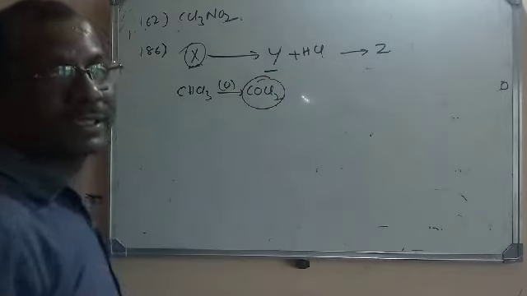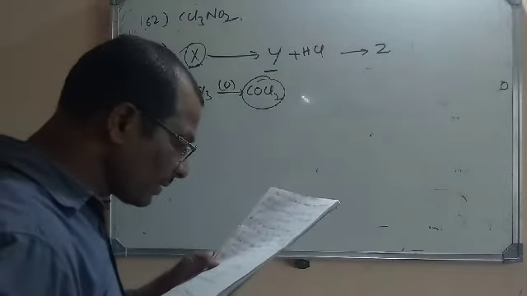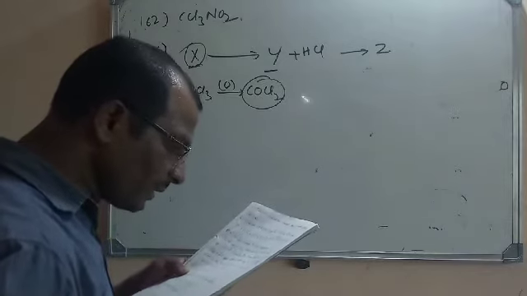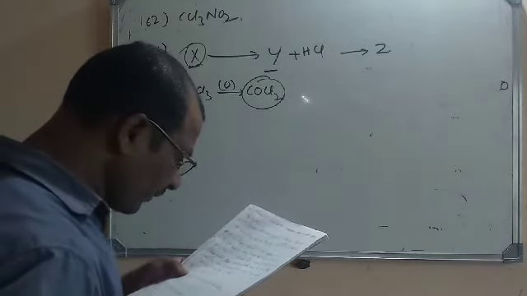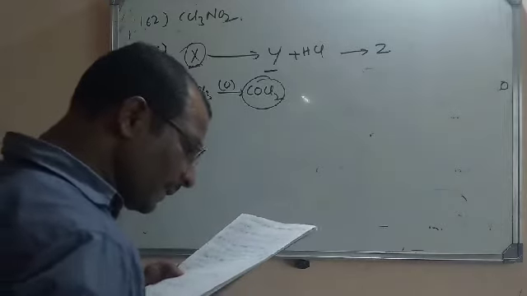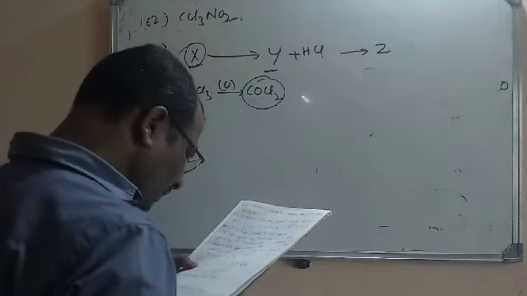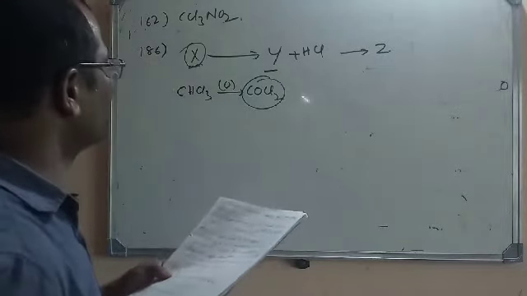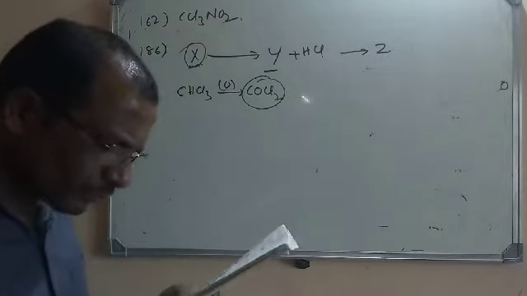COCl2 is called phosgene. So the reaction condition mentioned here is decomposition to Y and HCl. To prevent the decomposition, X is stored in a dark brown colored bottle.